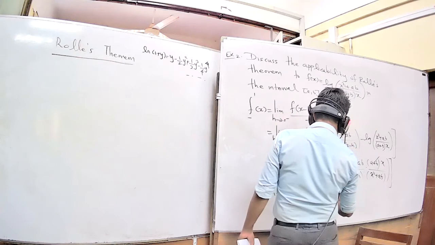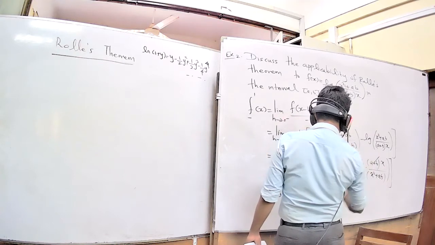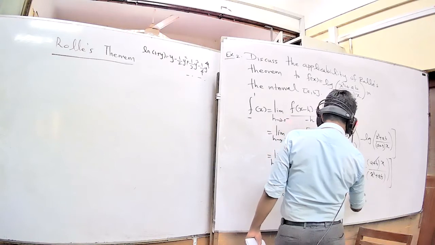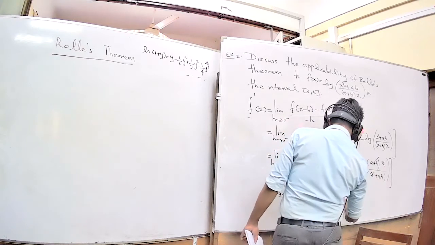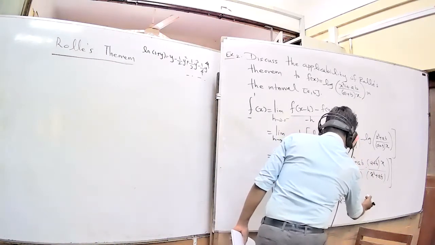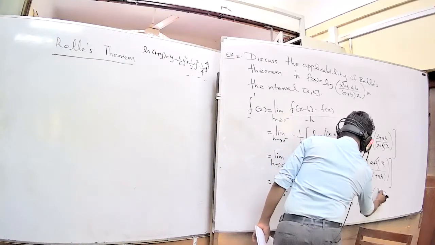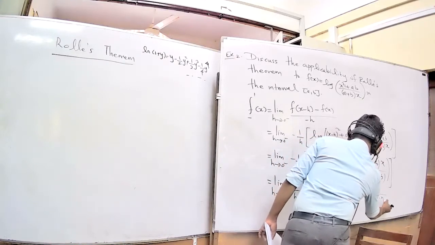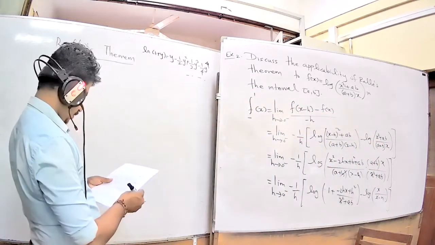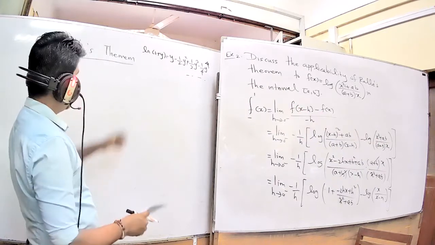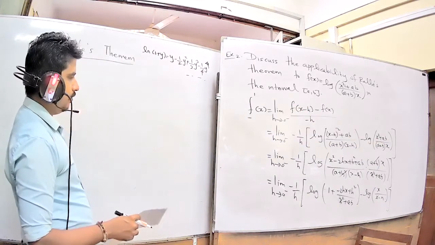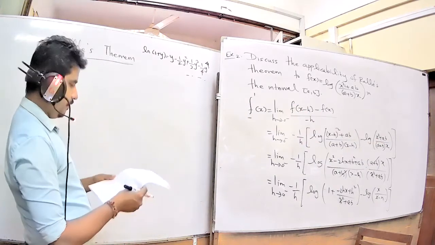Then you can write 1 plus minus 2hx plus h squared over x squared plus ab, minus log of x over x minus h. Now you can expand this one, then you can get the limit values.